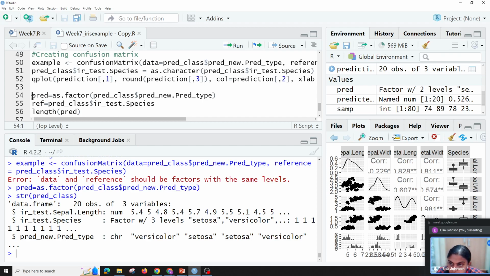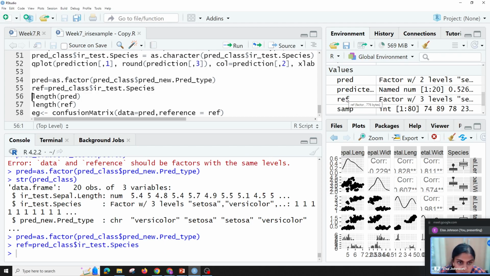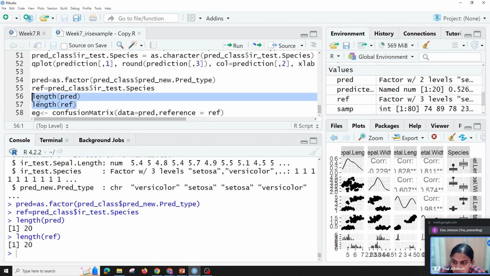So pred as factor I have given. So here you can see pred factor, a factor with 2 levels only right now, because we had taken up to the first 100 observations only. Now the reference, you can see is also a factor. Just I am checking the length once more. Okay, both are 20.